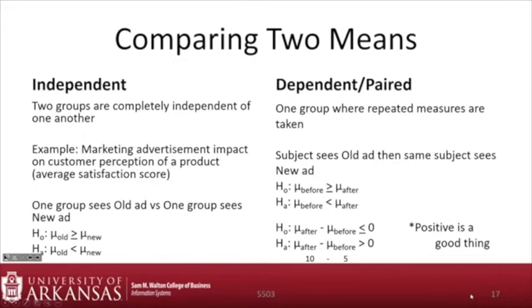And in SAS, you get to determine which you subtract, before minus after, or after minus before. A lot of times you'll want to do after minus before, because then it makes more intuitive sense. Positive numbers mean it's better, negative numbers mean it's worse. A lot of people, however, will do before minus after, and then you've got to get it in your head that a negative number is actually a good thing.